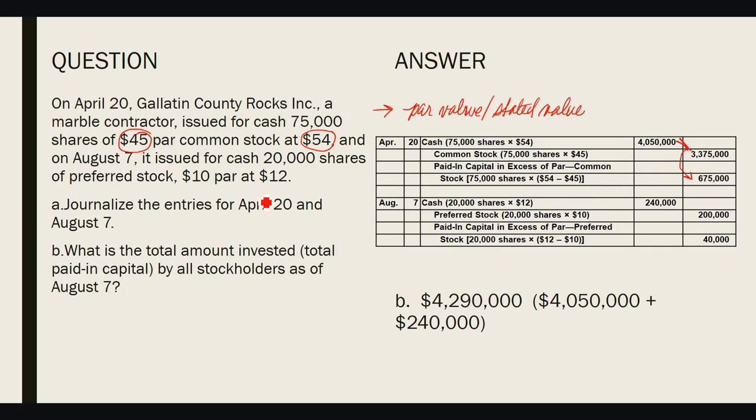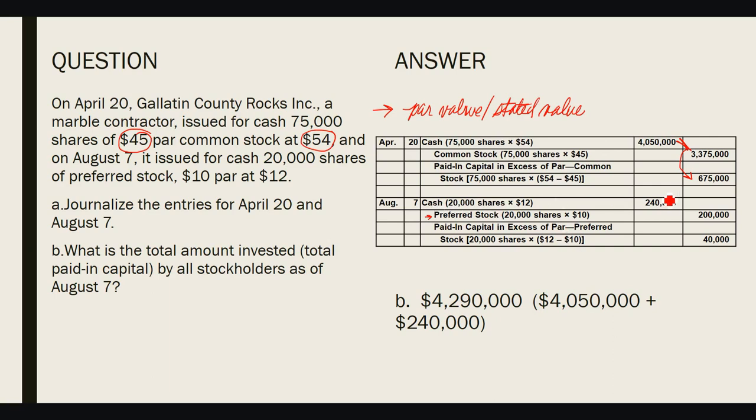For the preferred stockholders, the same goes for them. Preferred stock is always listed at the shares' par value. We've never introduced that preferred stock has stated value, so it's just really a par value. So we sold them for $12 per share.